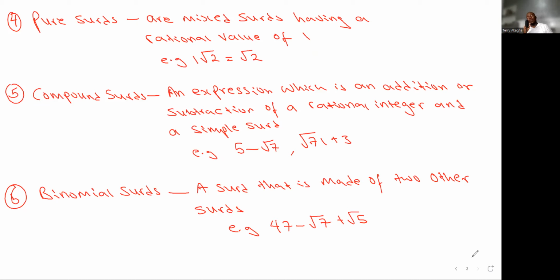So technically, you can say pure surds are similar to the simple surds. We can also say all pure surds are mixed surds, but not all mixed surds are pure surds. Now we also have compound surds, an expression where we're either adding or subtracting a rational integer and a simple surd. And you now have binomial surds that are made up of 2 other surds.